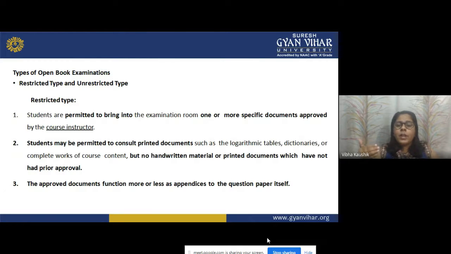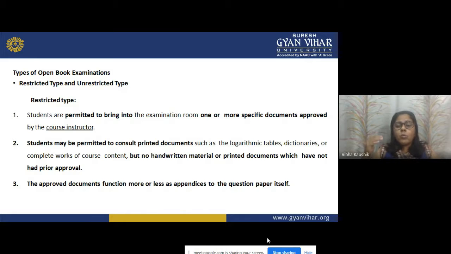Students may be permitted to consult printed documents, such as logarithmic tables, dictionaries, or complete work of course content, but no handwritten material or printed documents which have not had prior approval.